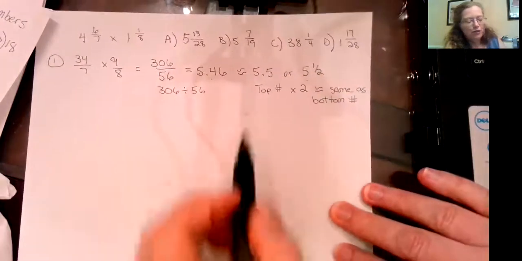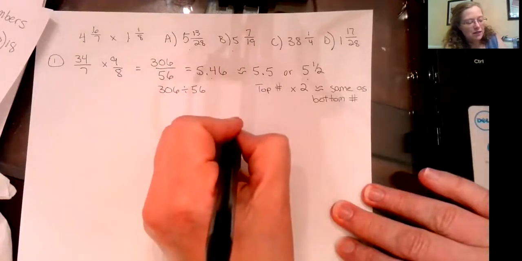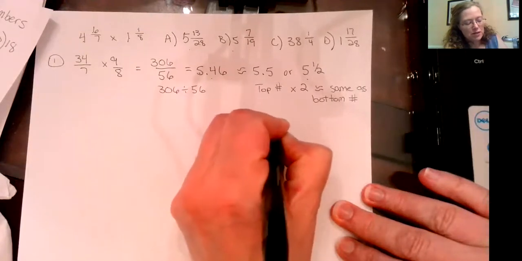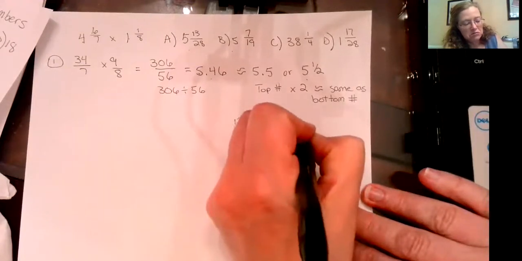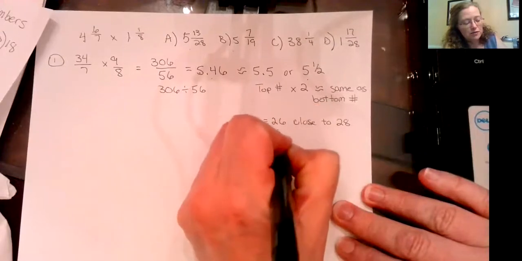Now these look pretty close, so let's take a look. If I did 13 times 2, that's 26. That's close to 28. So this is a possible choice.